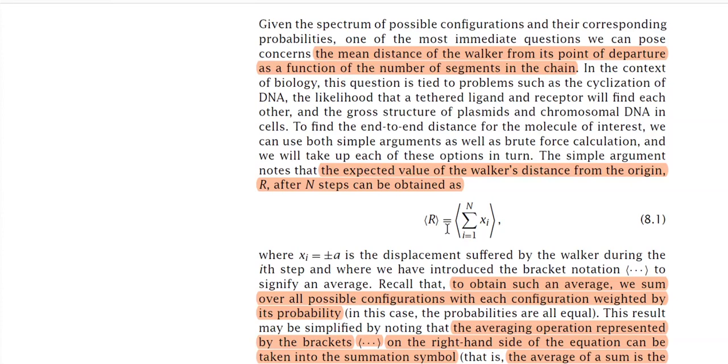In the right hand side you see the sum of xi, where i is equal to 1 to capital N. This range denotes the number of steps, and this notation is the average, where xi is equal to plus or minus a. Because we know that in each step the walker can move either to the left side or to the right side, and the distance is the length of the segment, that is a. So xi equals plus or minus a is the displacement suffered by the walker during the ith step, and we have introduced the bracket notation to signify the average.